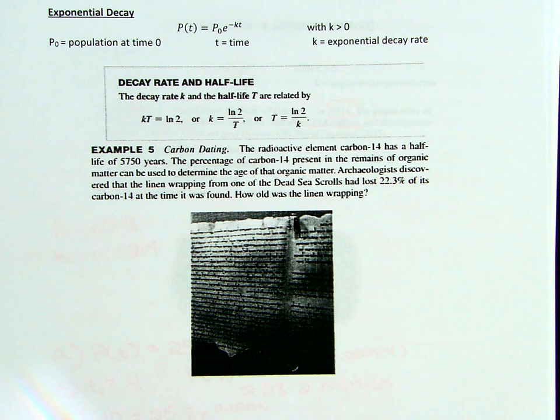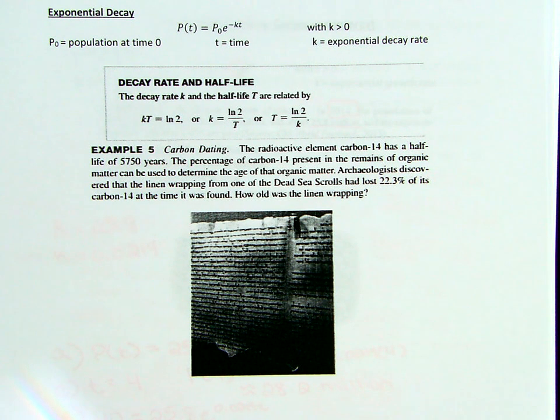So we've had population growth, compound interest, doubling, and now we're going to see half-life and carbon dating, or exponential decay. Even though they're all slightly different, they all use, in essence, the same bone structure for solving these different word problems.